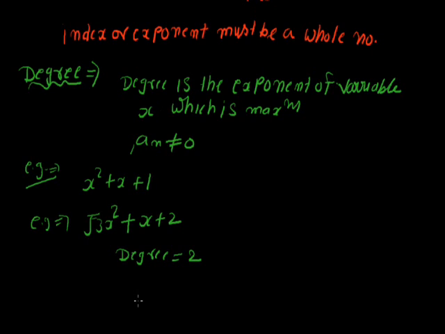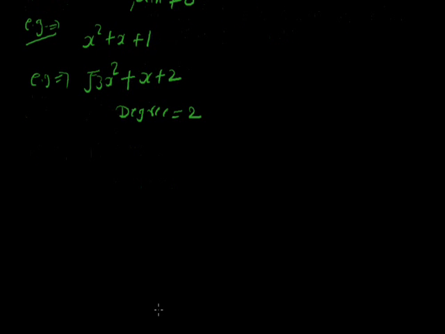Okay, so in such examples we observe the variable in which our polynomial is defined and we have to check the highest power of that variable. This is our degree. Now we take some examples. We have to check whether these expressions are polynomials or not. I am writing root 3 x square plus x plus 1.